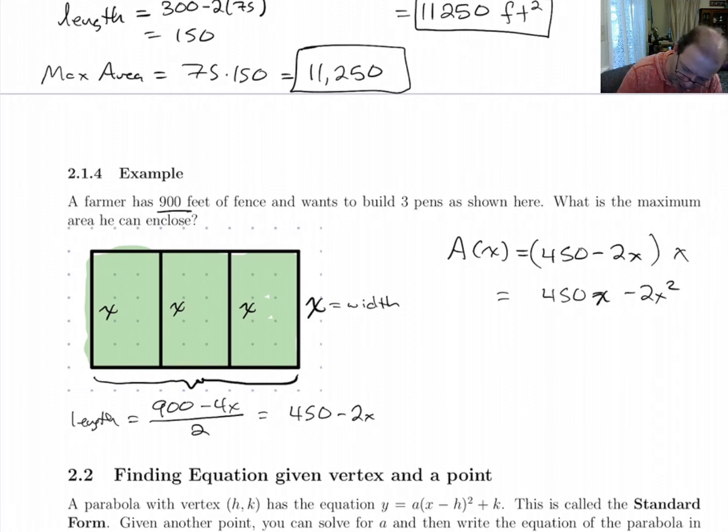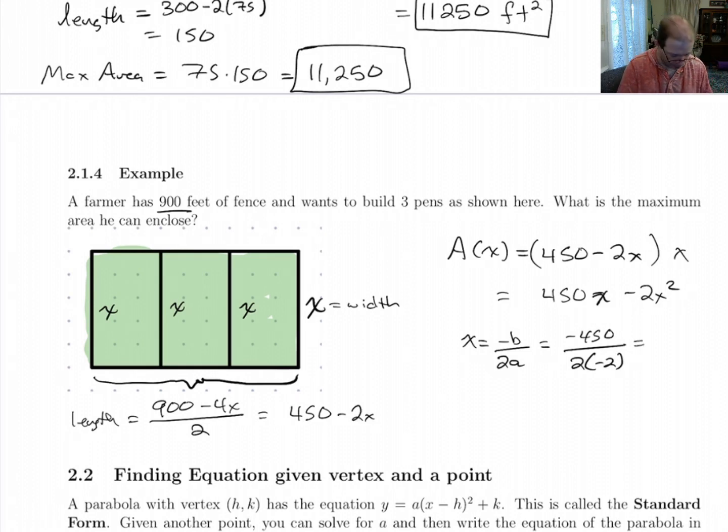Finding the maximum, we just need to do x is minus b over 2a. So that's going to be minus 450 over 2 times negative 2, so that's 450 over 4. What's that, 112.5. Yeah, 112.5.